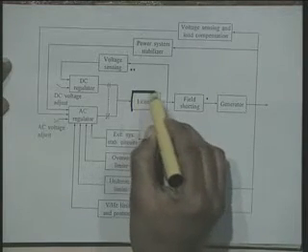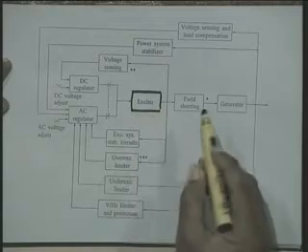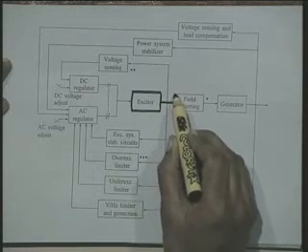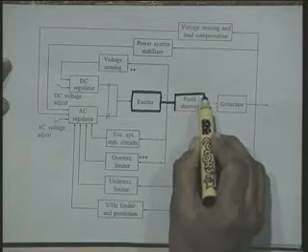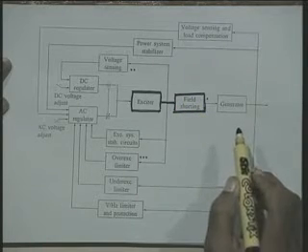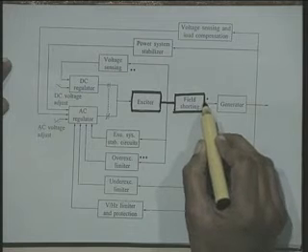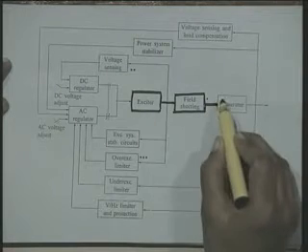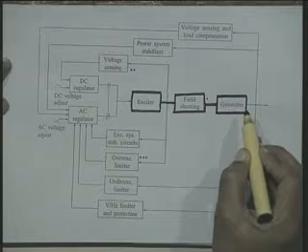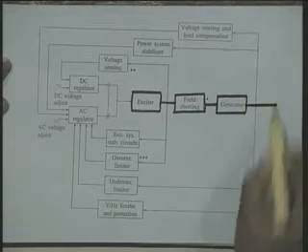This is our exciter. Associated with the exciter is a field shorting circuit. We will discuss the need for the field shorting circuit. The output of the exciter is given to the field winding of the generator, and it is connected to the system.